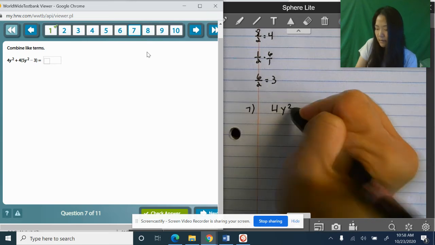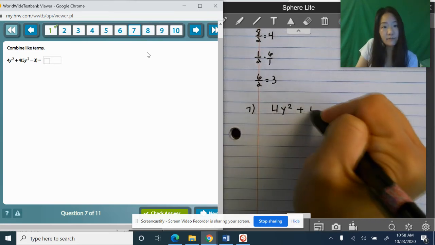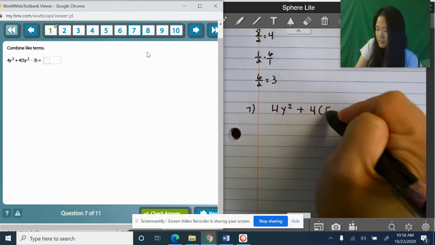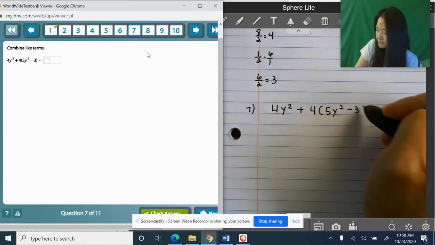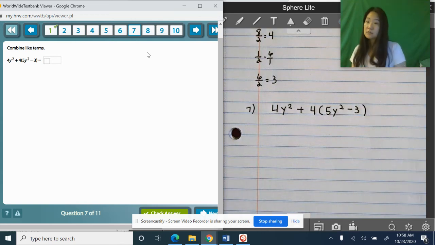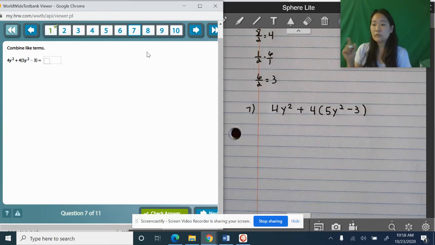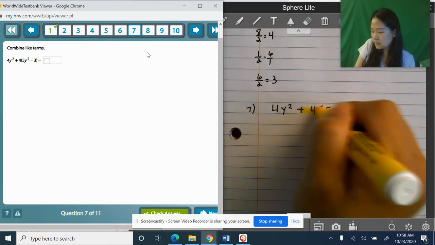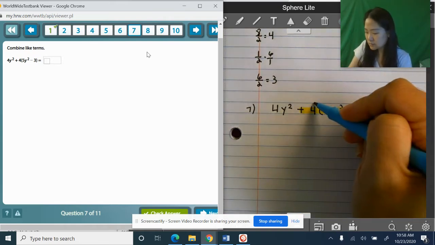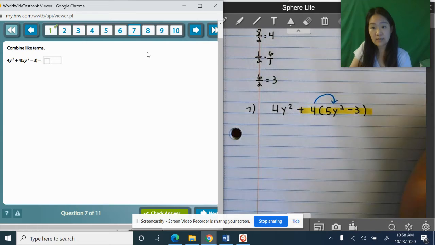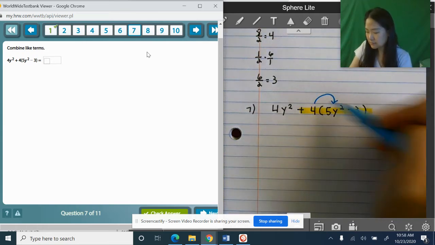4y to the second power plus 4 parentheses 5y to the second power minus 3. Okay, so you learned that before you combine these like terms, you need to first evaluate the distributive property, okay? So you need to do 4 times 5y to the second power minus 4 times 3.